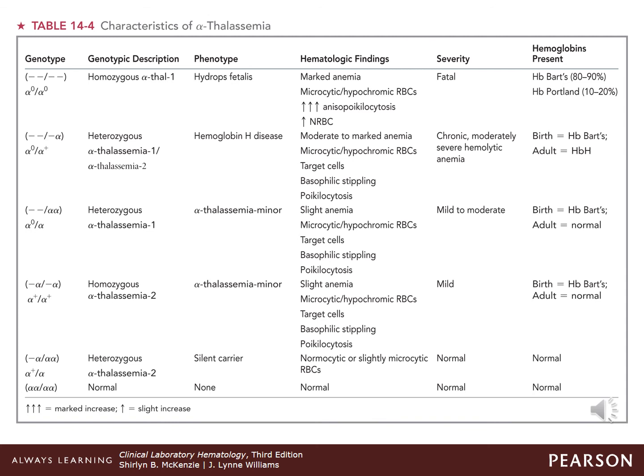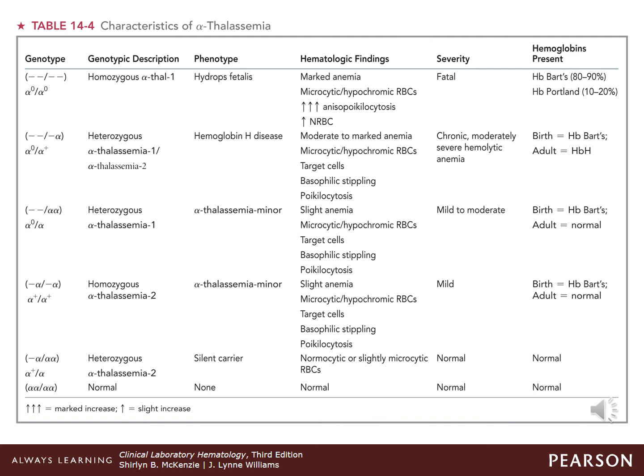The second genotype, we have an alpha 0, meaning there are no alpha chains from mom or dad, and consequently the other parent does have one alpha chain. So this is termed a heterozygous type of alpha thalassemia, leading to hemoglobin H disease.